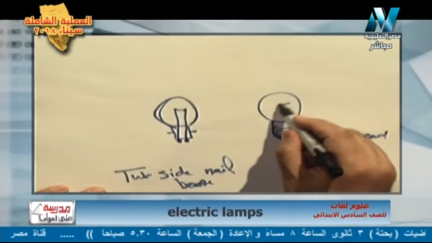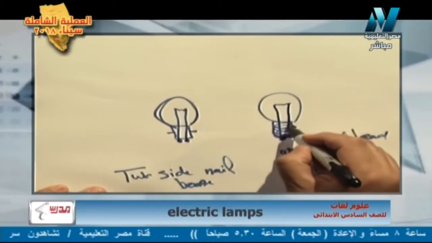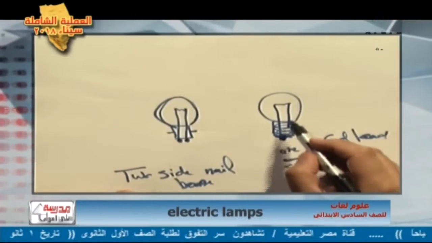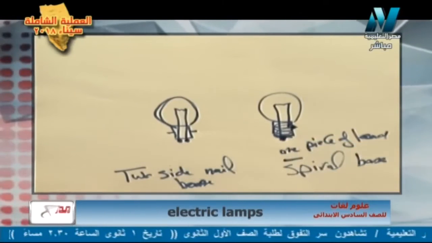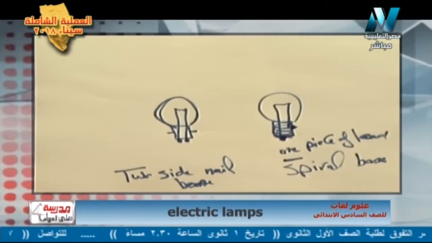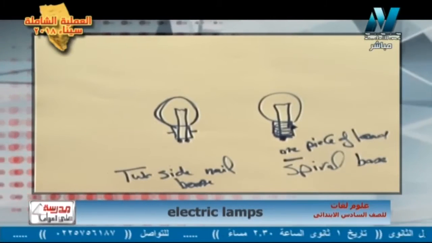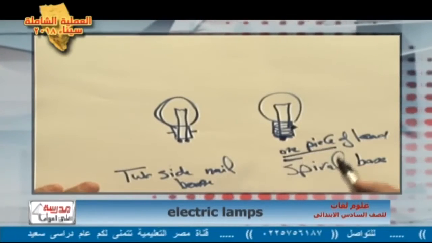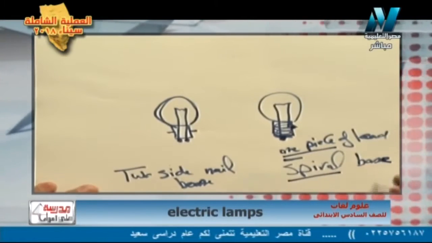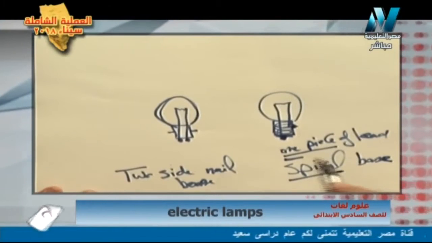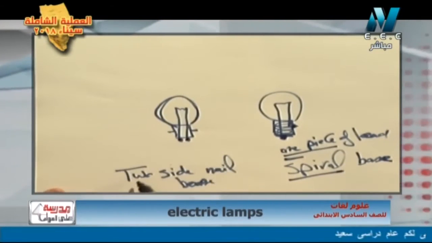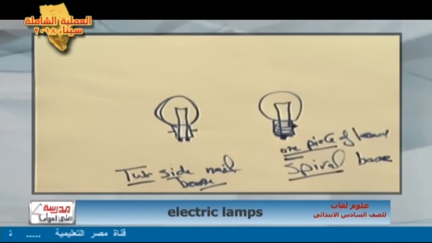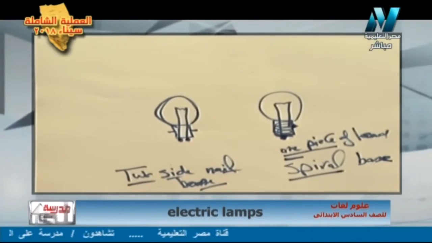Here I have two copper lead wires like this, and the other side will be at the base. So lamps have two types of bases. One has one piece of lead, which we call the spiral base, commercially the loz lamp. The other has two pieces of lead, which we call the two side nail base, the nail lamp, or more precisely a lamp with two nails.